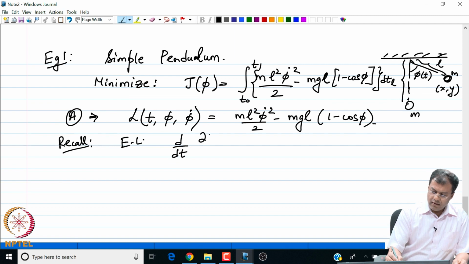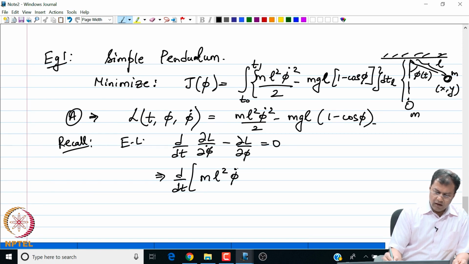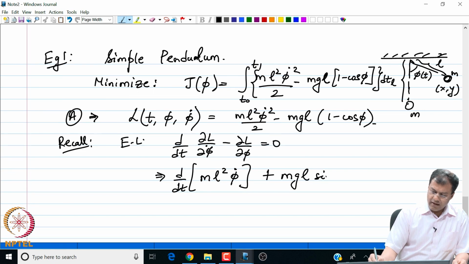d dt of del L del phi dot minus del L del phi is equal to 0. Del L del phi dot gives me m L square phi dot, and with a minus, del L del phi gives me plus m g L sin phi, and this is set equal to 0.